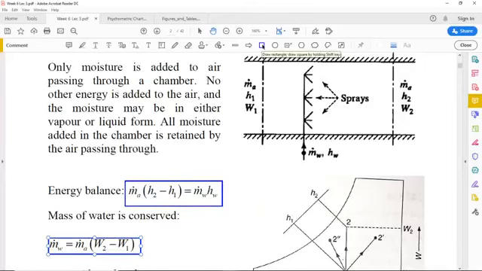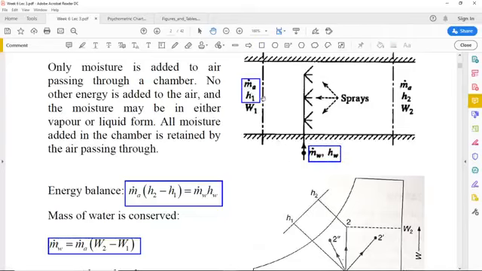The energy content of the air when it is at state 1 at entrance to the duct is m dot A times H1, and to this energy content we add the energy which is brought in by the water that is sprayed. That will be m dot W HW.